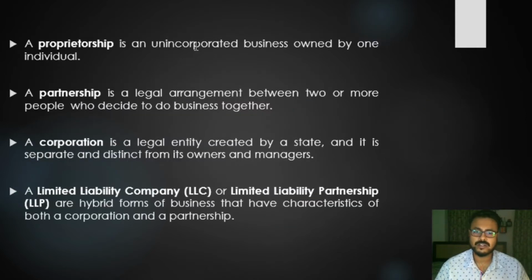So what is proprietorship? Proprietorship is any business which is established by only one individual. Partnership is a business which is established by two or more individuals. Corporate or corporation is a legal entity that is established under Companies Act, Companies Act 2013.